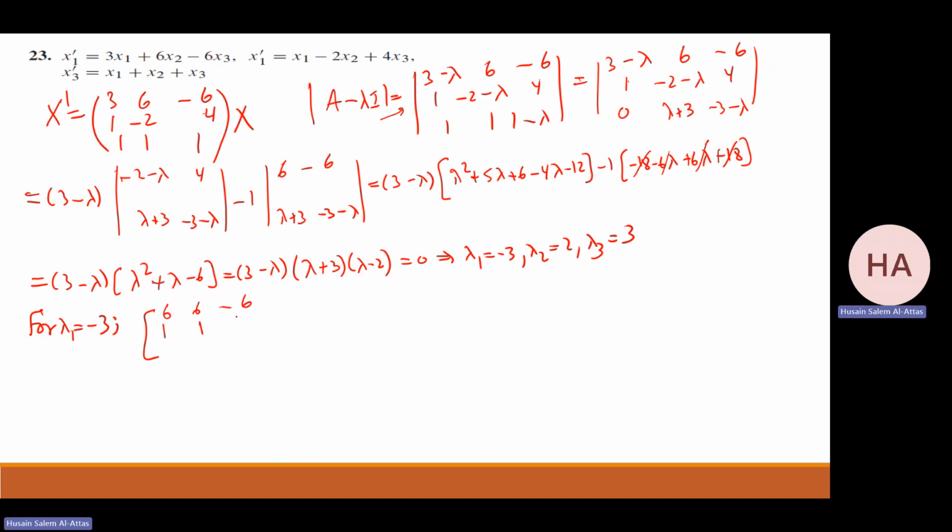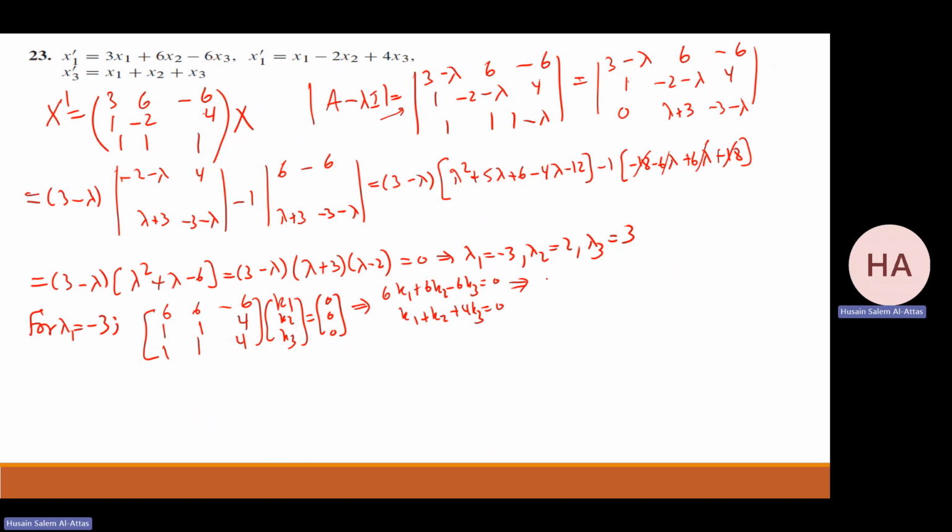That is 1, 1, 4. So I have 6k1 plus 6k2 minus 6k3 equals 0, and k1 plus k2 plus 4k3 equals 0.